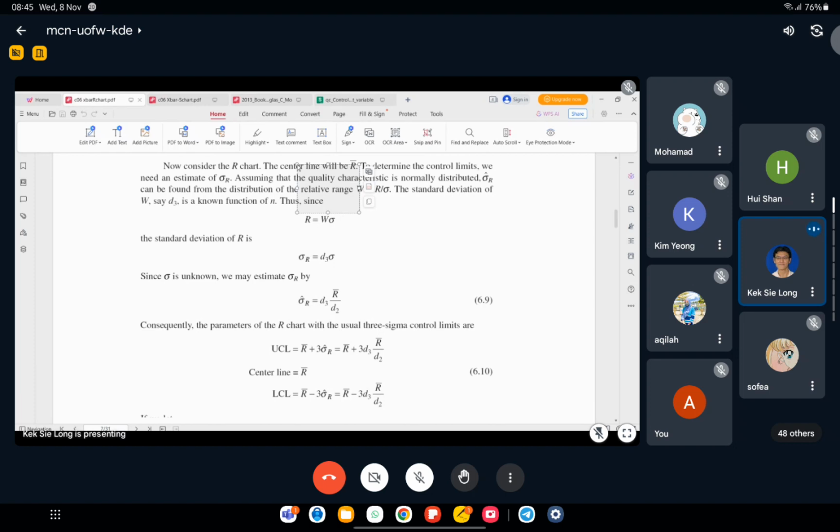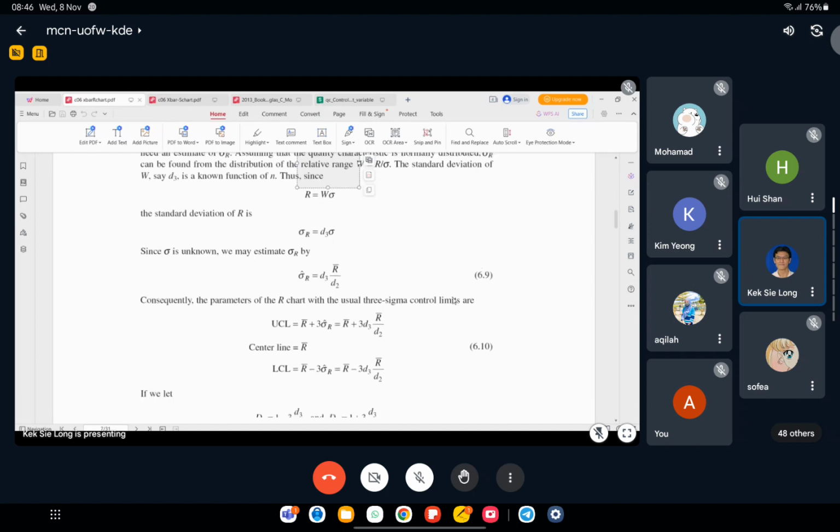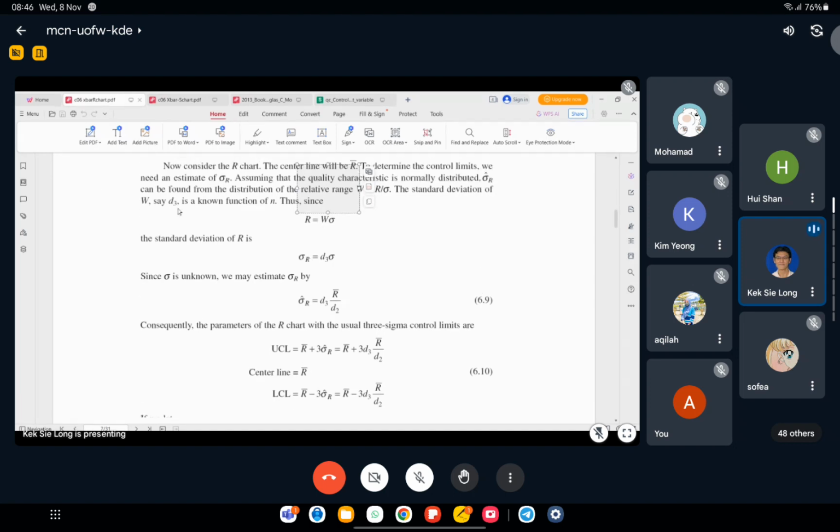plus minus. Again, we can combine these three equations into one: R bar plus minus 3 D3 R bar over D2. Then what is D2? From here, D3 stands for the standard deviation of W, the relative range. Then how about D2?